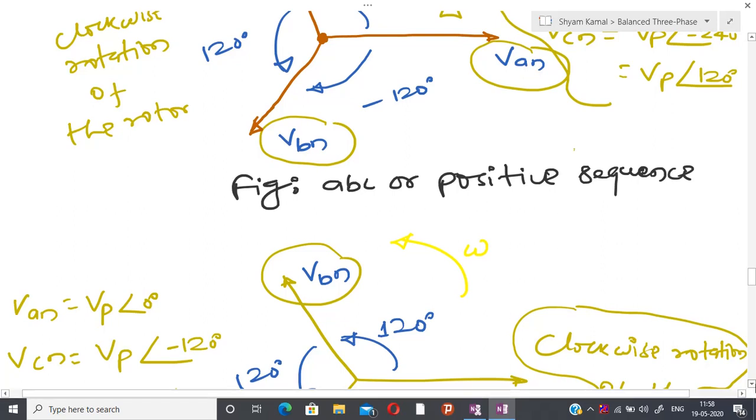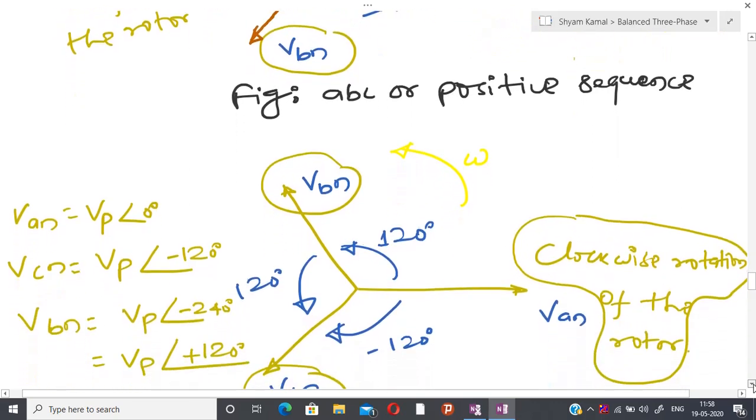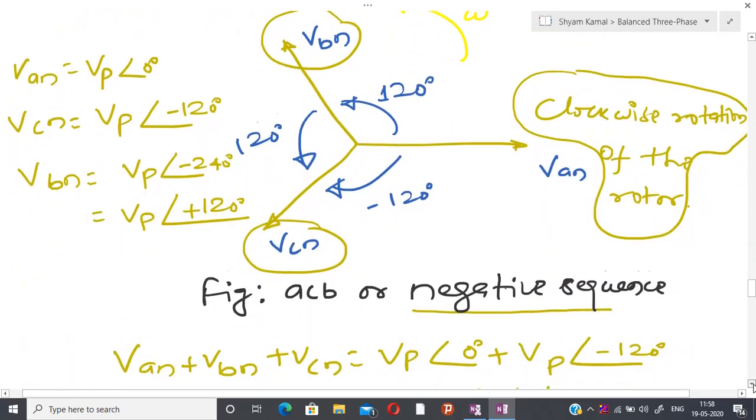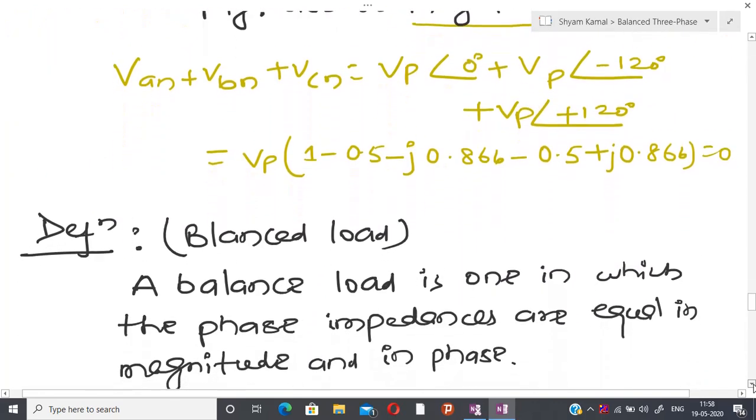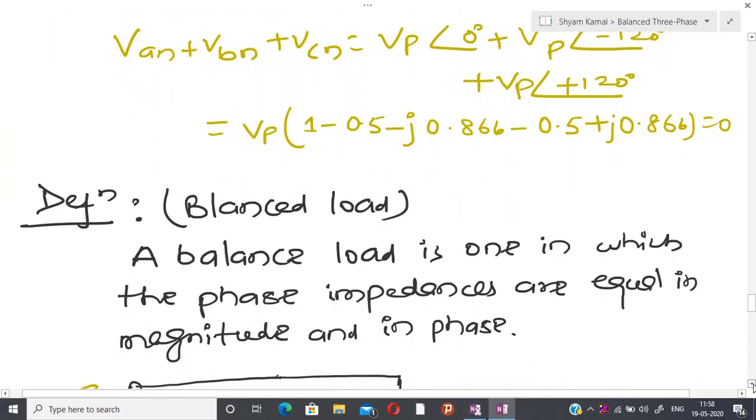Based on that, we connect motors if we have to supply power to the load. So due to that reason, understanding this sequence is very important.